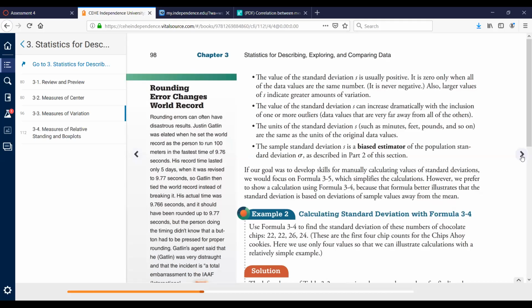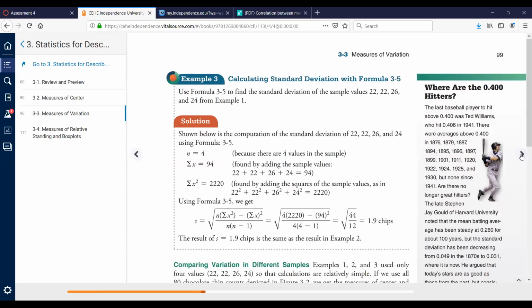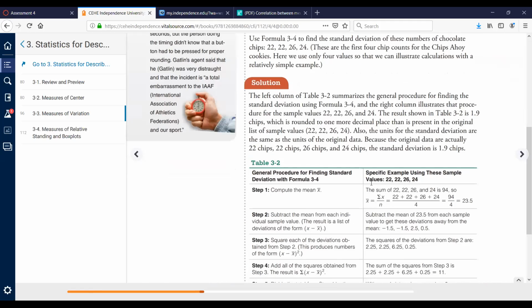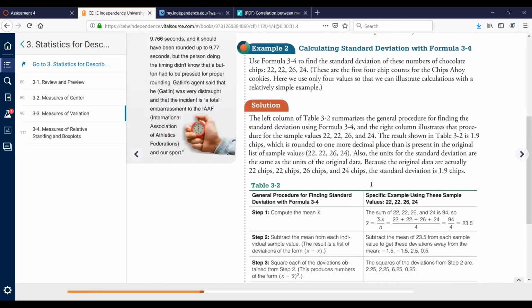And remember, our measures of variation include range, which is just the difference between the highest and lowest value, no matter what those values are in a data set. Our standard deviation, this is the formula. Let's back up one page here. This is the formula that we presented. Back up another page.